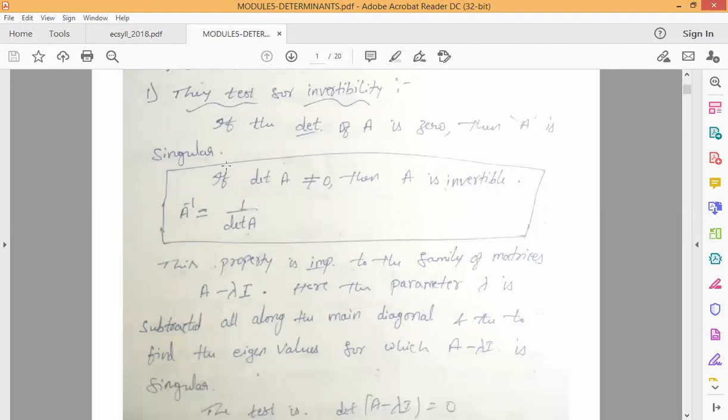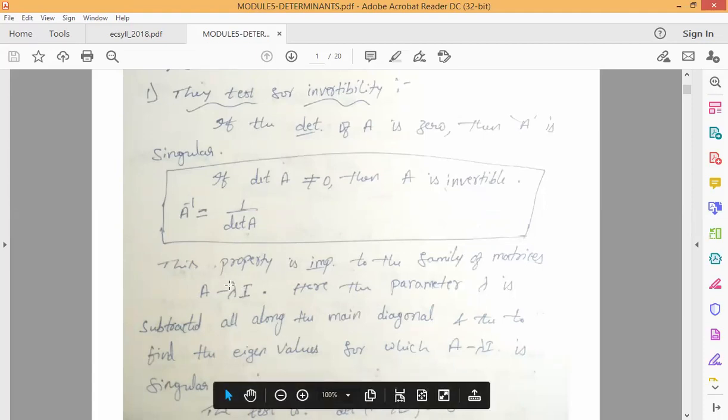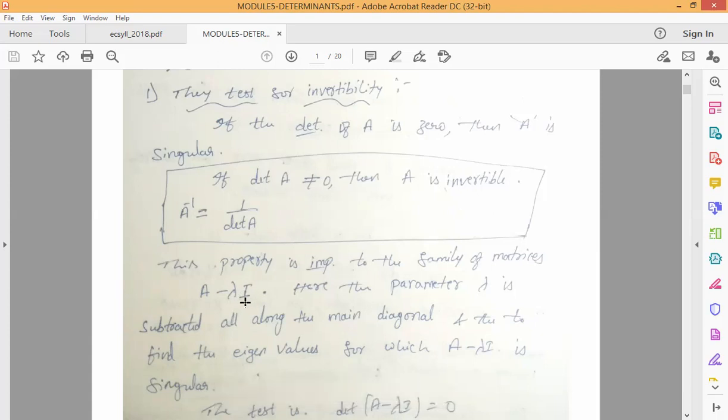Whatever invertibility property we have, it is very important to the family of matrices which is defined by the form A minus lambda I. Lambda is nothing but some constant. This lambda is going to be subtracted all along the main diagonal, since lambda is multiplied with I, where I is the identity matrix.